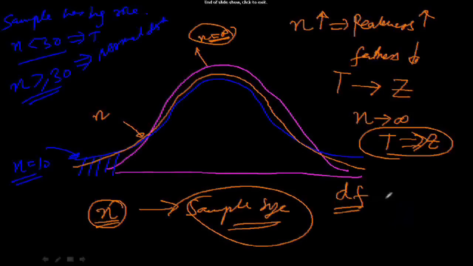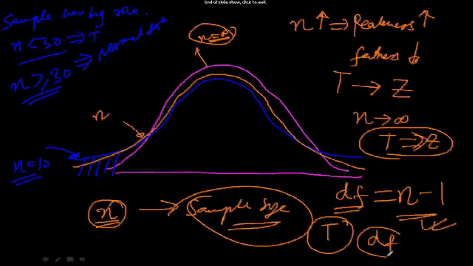Degree of freedom is the sample size minus 1. Once the mean is known to you, you can only change the variables in one lesser way. That is why we call degree of freedom n minus 1. That is the number of variables that you can freely change, which will be n minus 1.